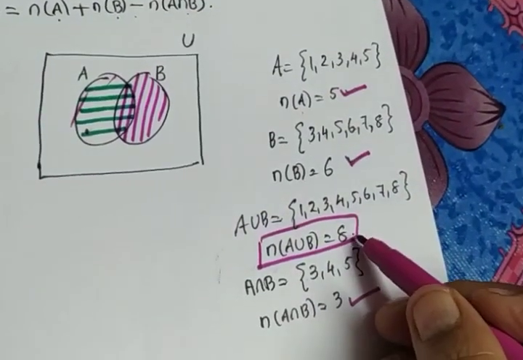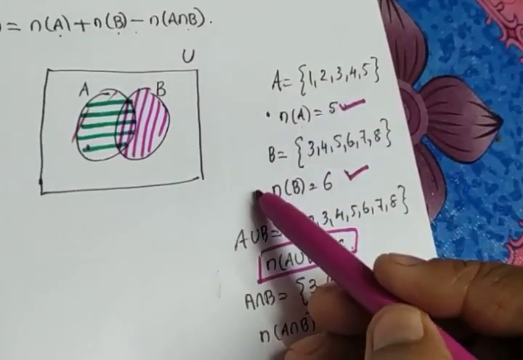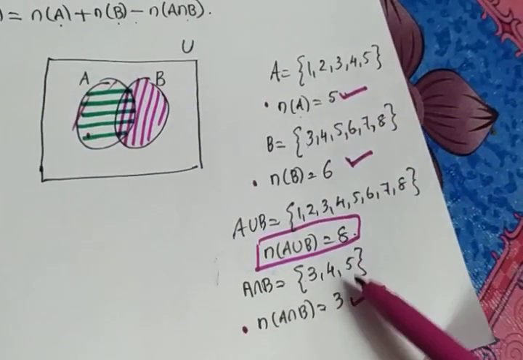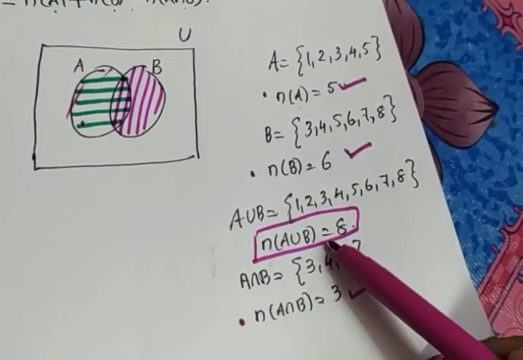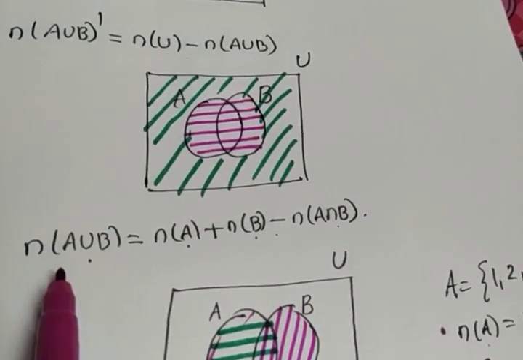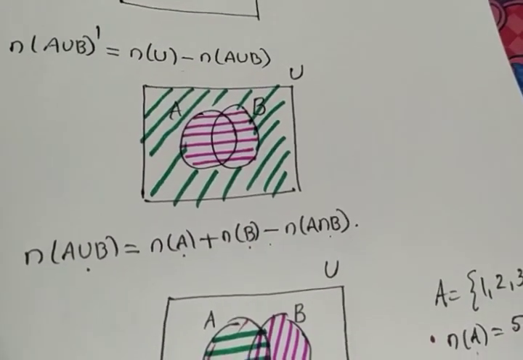Minus 3 will give you the value 8. N of A plus n of B minus n of A intersection B gives you 5 plus 6 minus 3. 5 plus 6 is 11. 11 minus 3 is 8. That is the same as n of A union B. So learn by heart the relation n of A union B is equal to n of A plus n of B minus n of A intersection B.